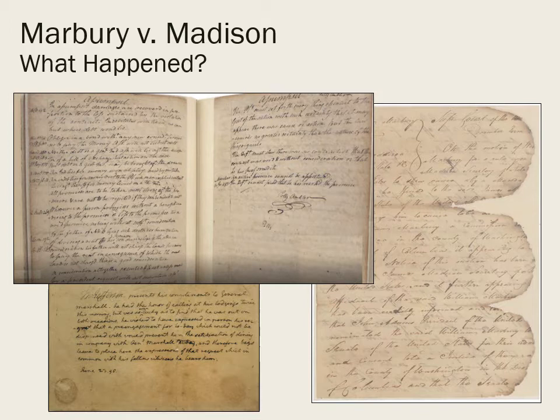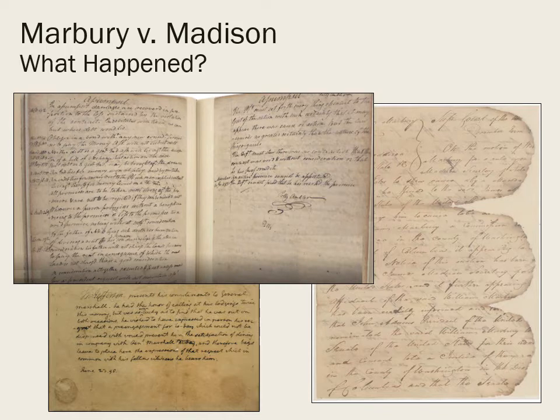So the end result was that Marbury got screwed out of his job, but the Supreme Court got the final say over all laws passed by Congress. The Supreme Court in Marbury v. Madison established that it's got the power to interpret the Constitution and statutes and really hold Congress and the executive branch accountable.